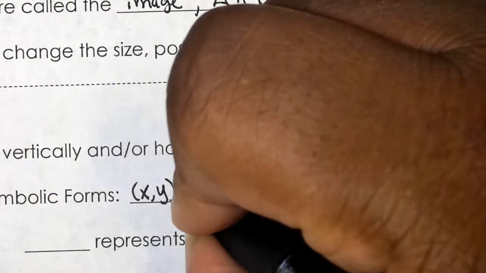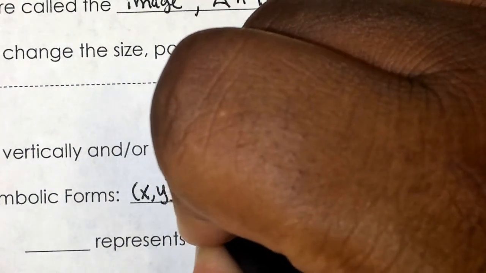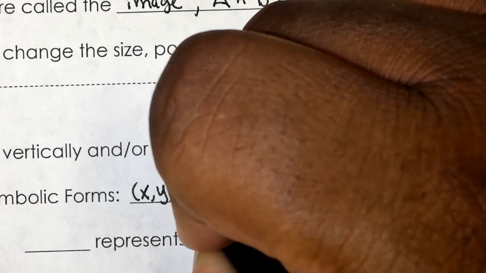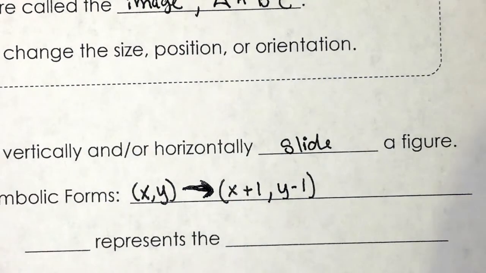It'll be easy for y'all to notice once y'all start doing this. Sorry, let me draw my arrow a little better. That arrow, when I read it, means something. It means maps to.